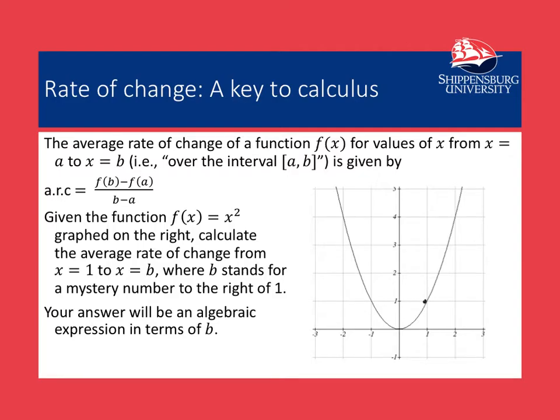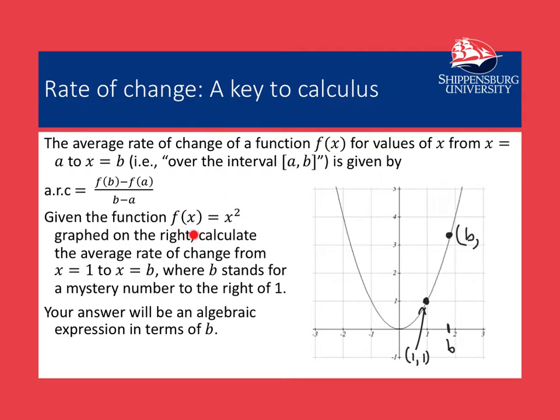The 1 is known. Right, there's the point 1, 1. That's the point we had a minute ago as well. And now I don't have any idea what b is, so I'm just going to draw it somewhere. But what I do know is that if you tell me that this x-coordinate is b, that means this point has an x-coordinate of b, and I know that every point on the curve satisfies this function's algebraic definition.